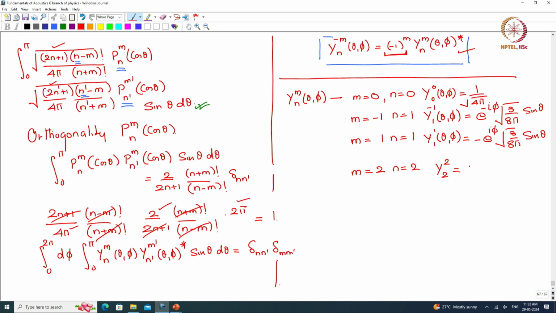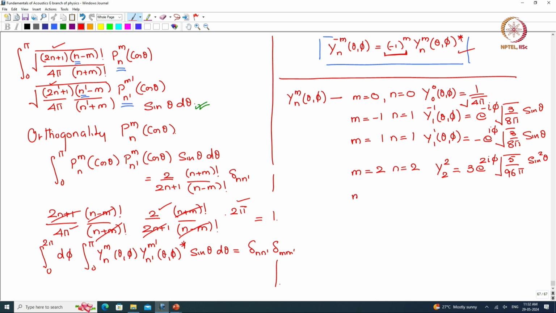So Y 2 2 is 3 e to the power of 2i phi square root of 5 by 96 pi sin squared theta.